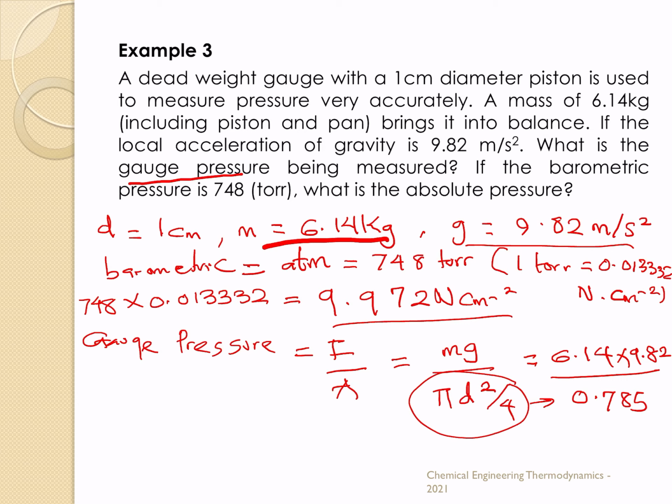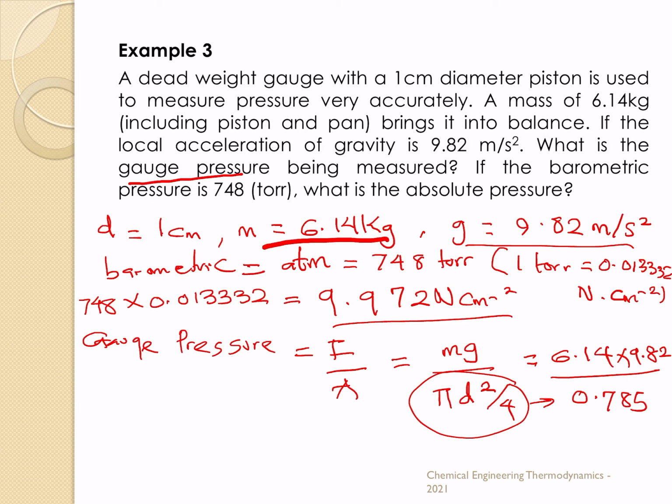Let's punch all this into a calculator. 6.14 times 9.82 gives me 60.2948.